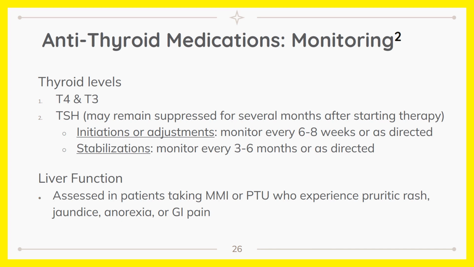Regarding initiations or adjustments to therapy, we want to monitor their levels every 6 to 8 weeks or so, or as directed by their healthcare provider. Once a patient is more stable, the thyroid levels will be monitored every 3 to 6 months or as directed by their healthcare provider.